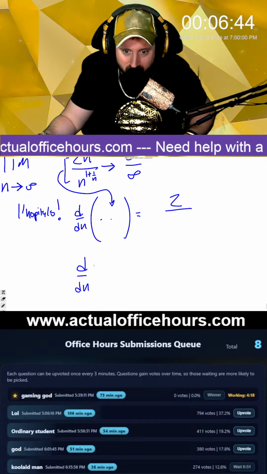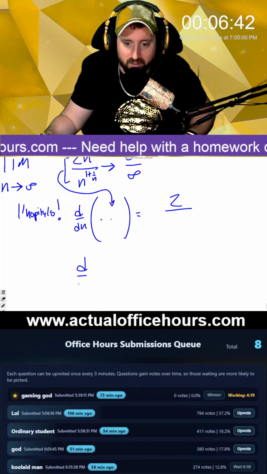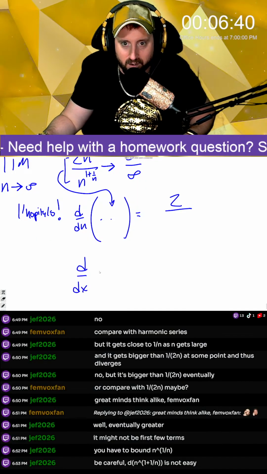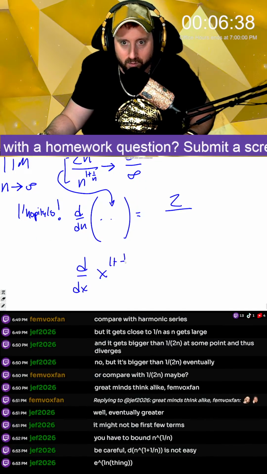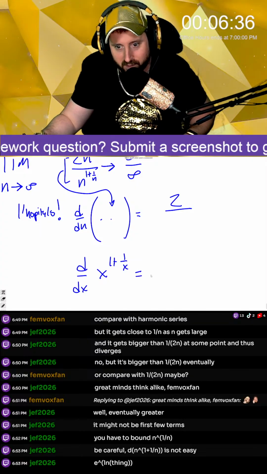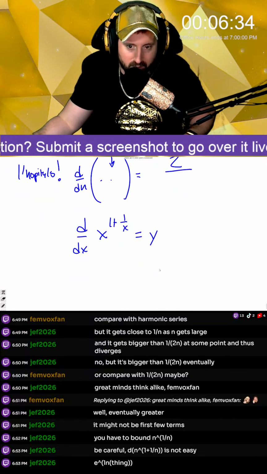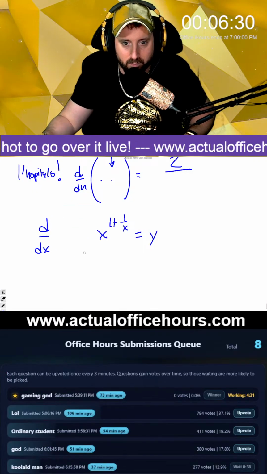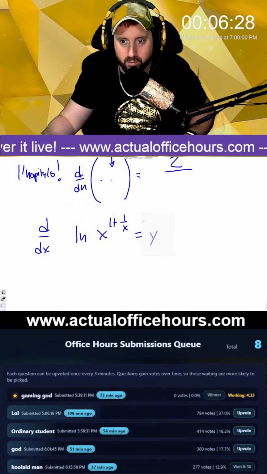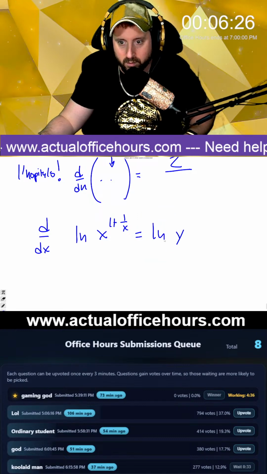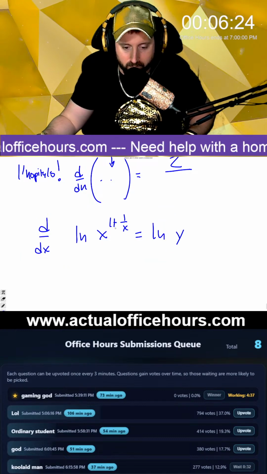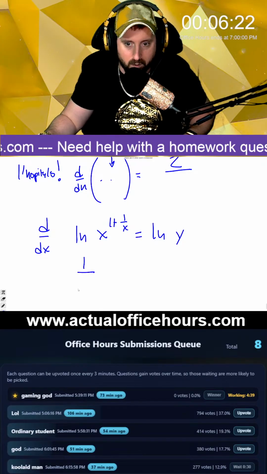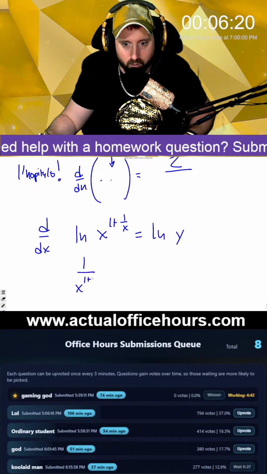You gotta take the natural log and exponentiate. Let's do d/dx of x to the 1 plus 1 over x, and let's say that's equal to y, right? So I'm going to take the log of both sides before we do it. Yeah.